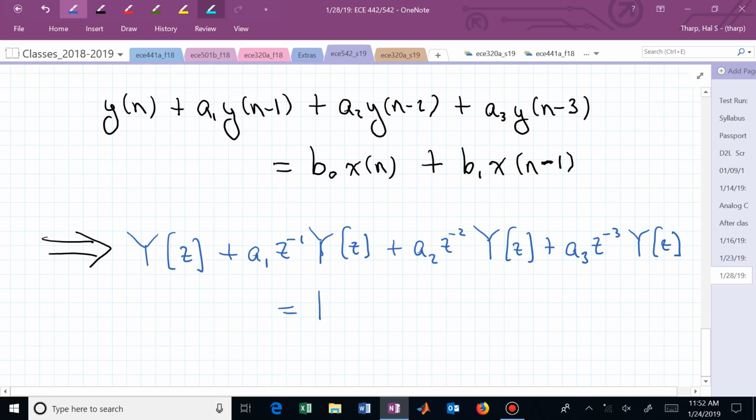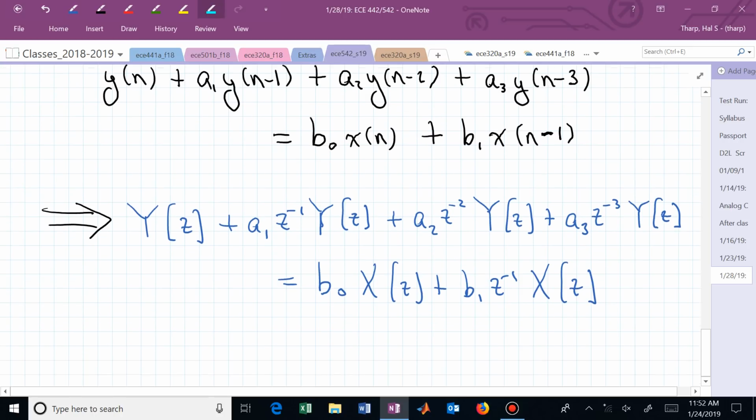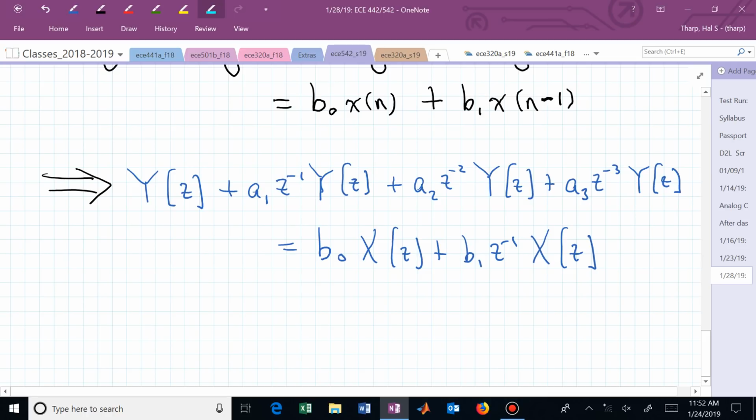And now that's equal to b sub 0 capital X of z plus b1 z to the minus 1 X of z. Let's now factor out these common transformed expressions, Y of z and X of z, from the different sides.